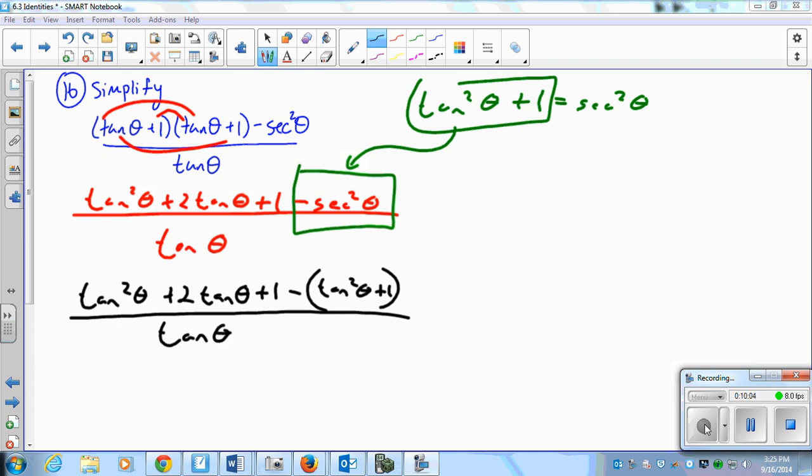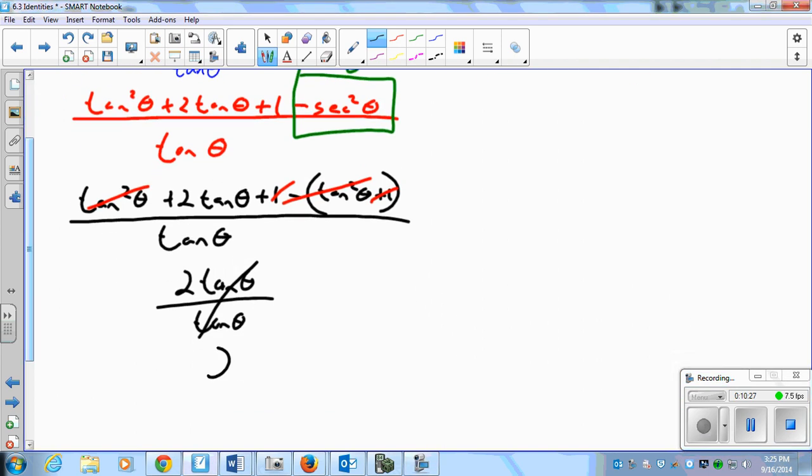Well, this is going to be a plus 1 minus 1, that'll cancel out. And I have a tangent squared minus a tangent squared. Those will cancel out. And then I'm left with 2 tangent of theta over tangent of theta. Those will cancel out, and this is just equal to 2. And I've simplified that out.